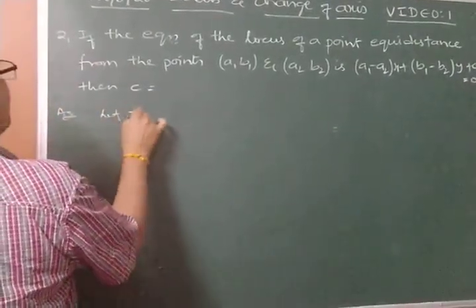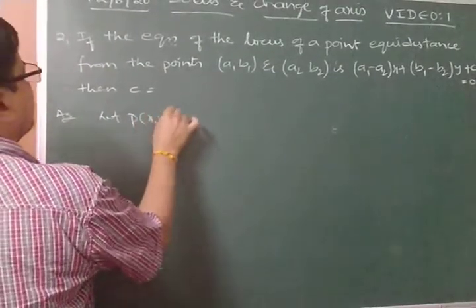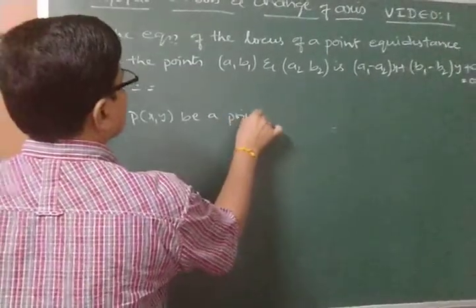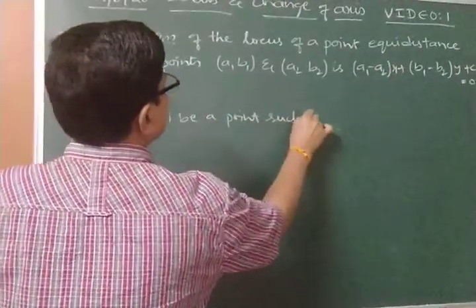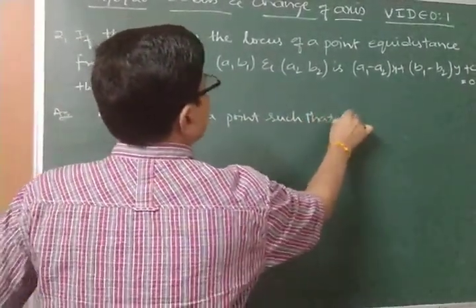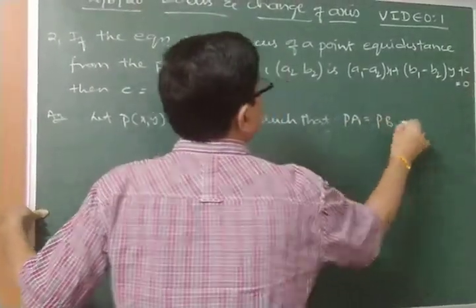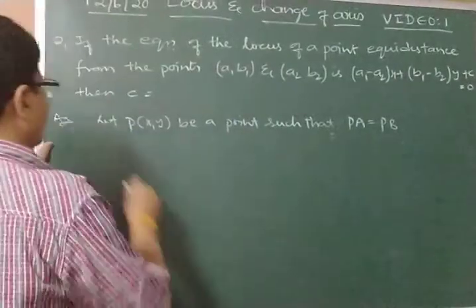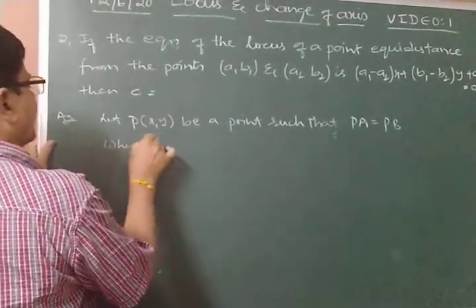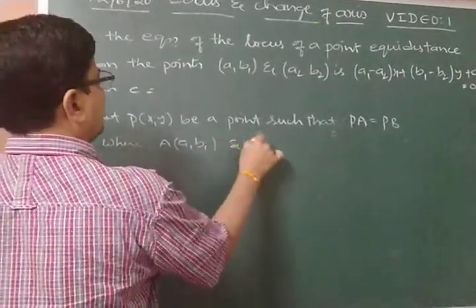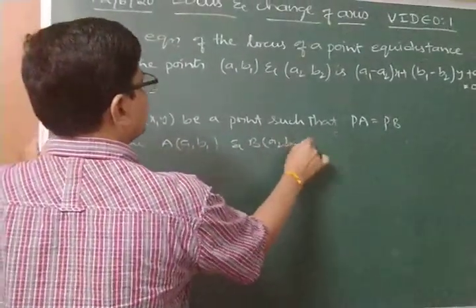Let P(x, y) be a point such that PA is equal to PB, where A is (a1, b1) and B is (a2, b2).